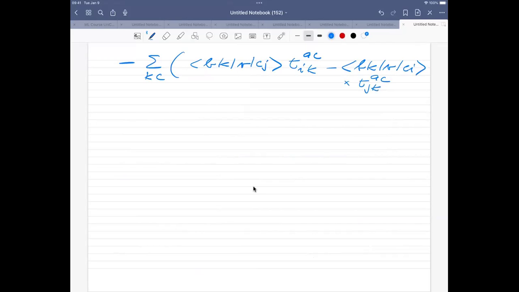Now for the pairing Hamiltonian, these represent contributions from the Hartree-Fock term, and they are all going to be zero. So these four terms, which sum over kc, are all going to be terms which we can neglect.